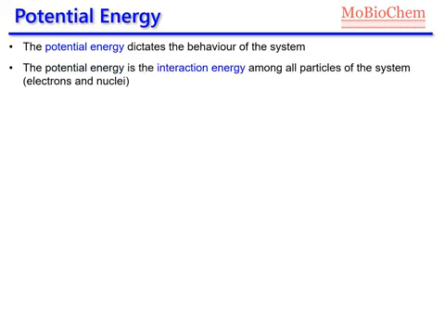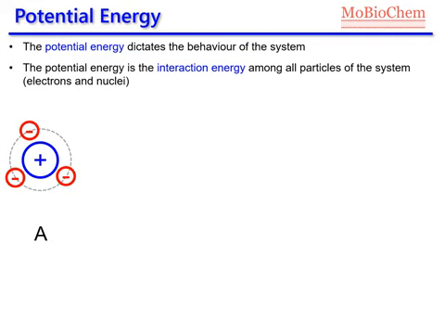But before explaining in more detail the force fields, let me say a few words about the potential energy. Usually we want to compute the potential energy of our system because it will dictate the behavior of the system, so it will tell us how the dynamics of our system is. Usually we can define the potential energy as the interaction energy among all particles of our system, electrons and nuclei.